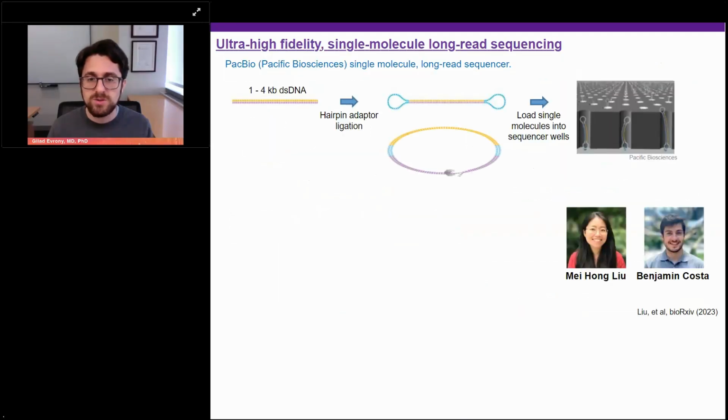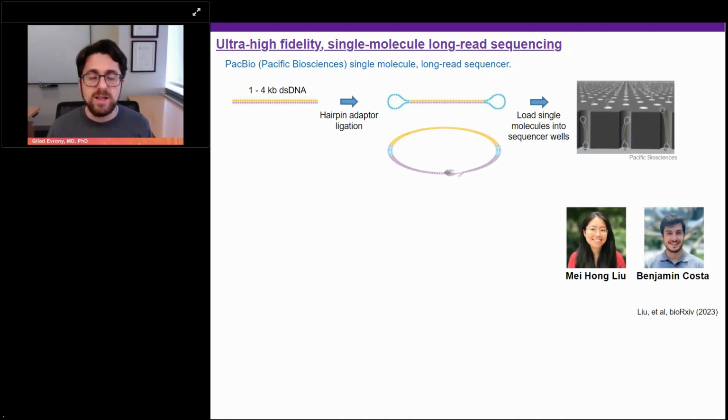And so we set out to develop a method that performs direct single-molecule sequencing of DNA while also getting to this ultra-high accuracy that allows us to see these very low-level somatic mutations related to age.